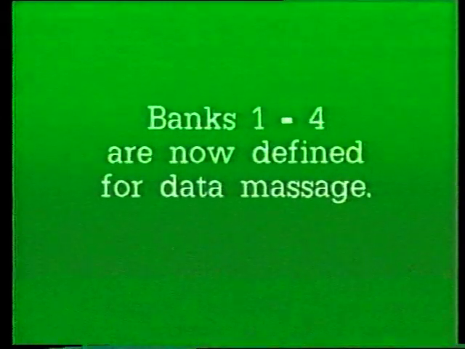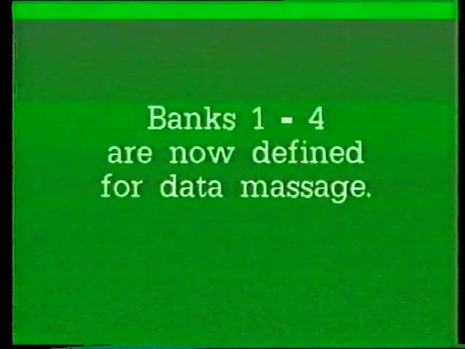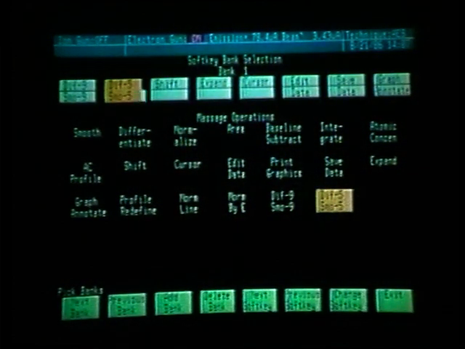We now have banks 1, 2, 3, and 4 defined as we want them for data massage. We can now manipulate data using the data massage routines which we have just defined. We can now exit the soft key bank selection menu by pressing soft key number 8.